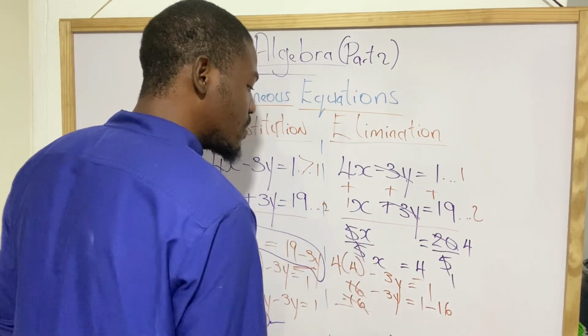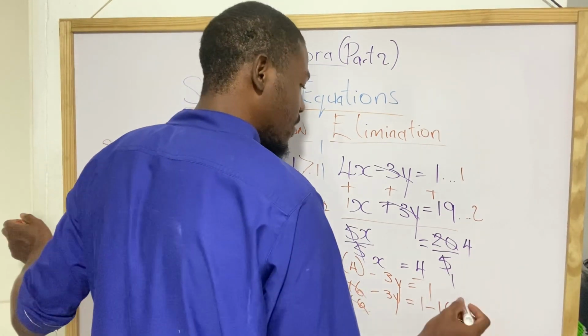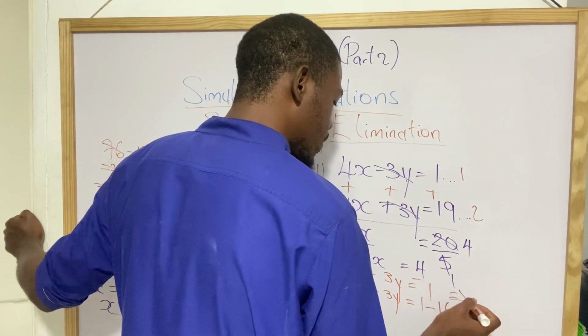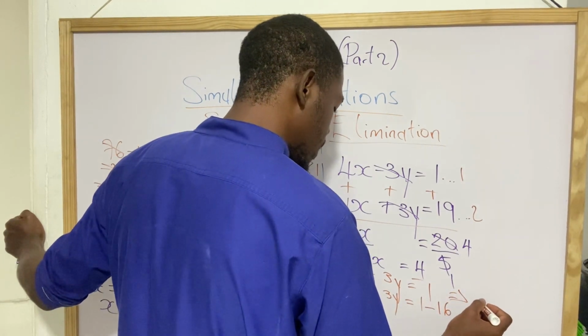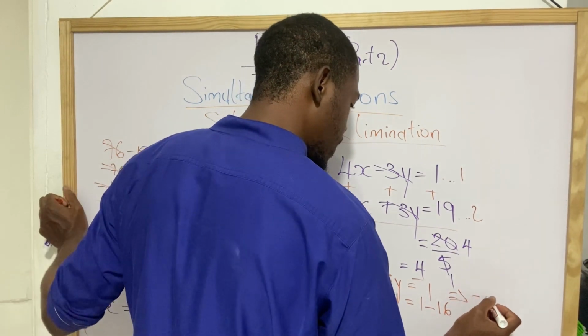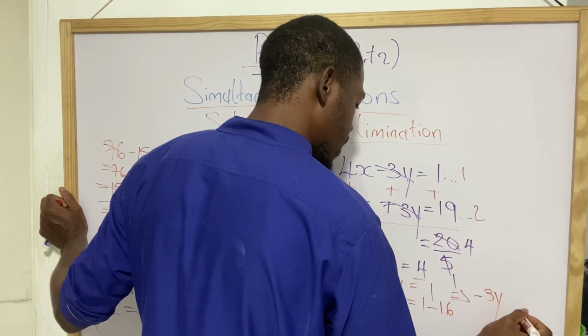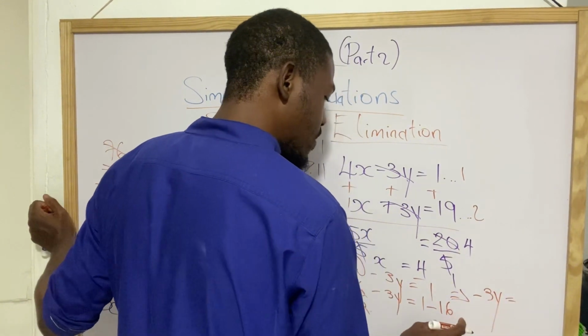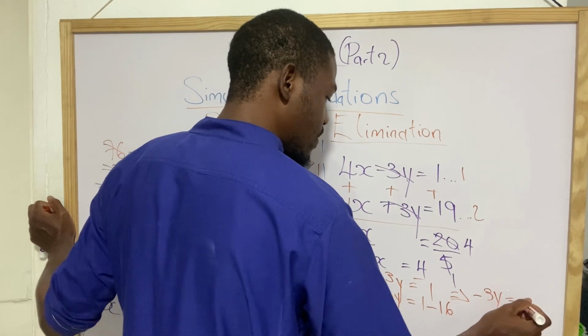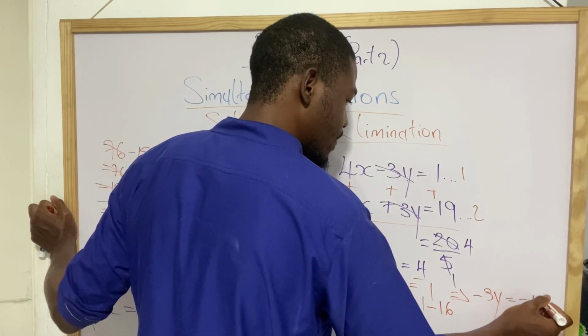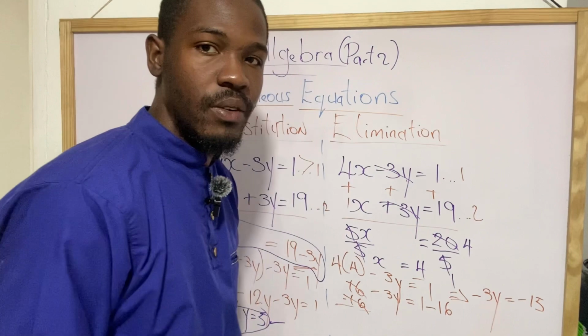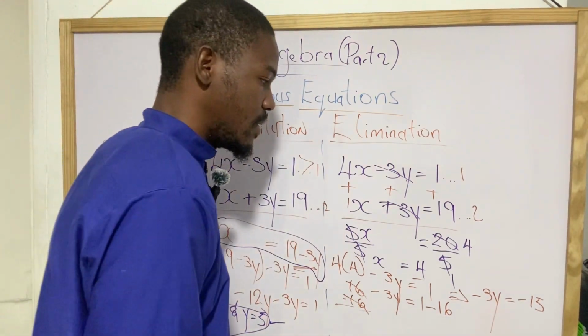So the 16s are cancelled out, and all I'm left with here is negative 3y equals 1 minus 16, which is going to give me negative 15.